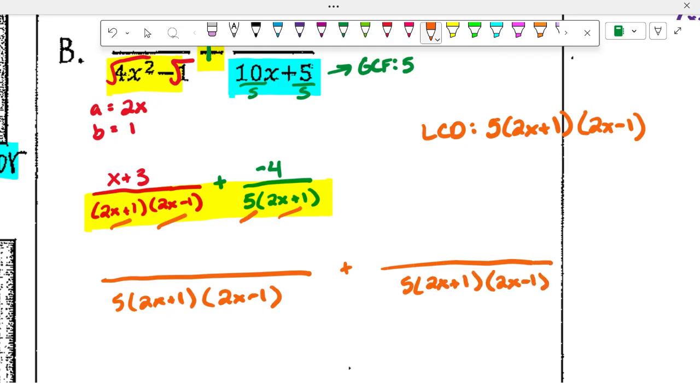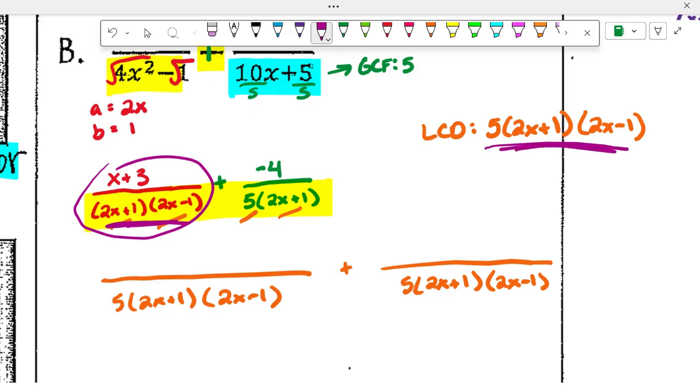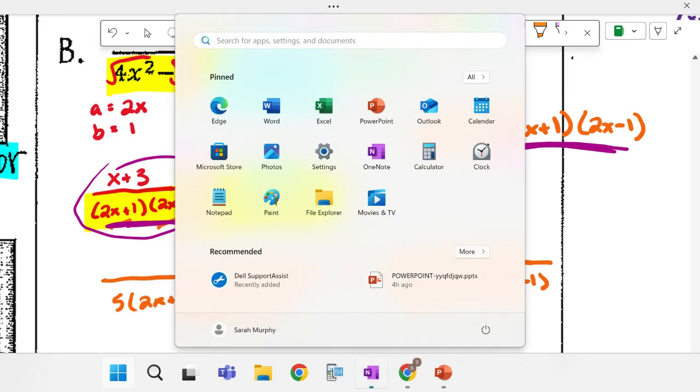So I'm just writing my common denominators. Now we're playing the what's missing game. So if I'm looking at my first fraction, between this denominator and this denominator, what am I missing?